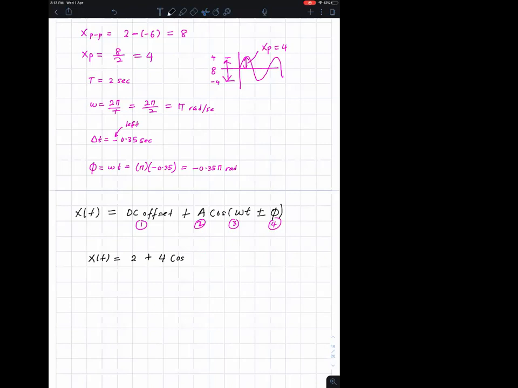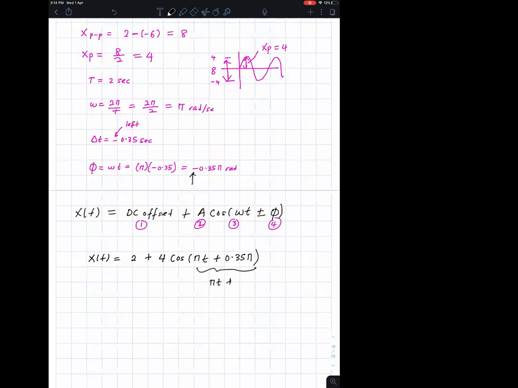Omega was pi, right? Pi t, where t is a variable. You cannot plug in any numbers for that t. Now we have 0.35 pi for phi. It's a minus sign here, but it's a plus sign inside here, because pi t plus 0.35 pi is equal to 0.